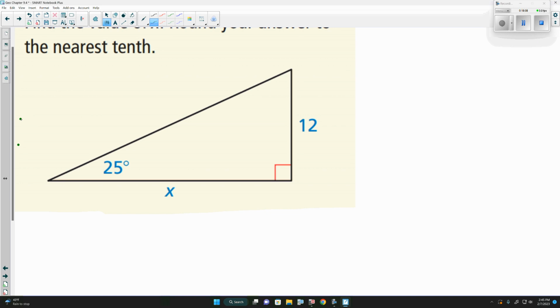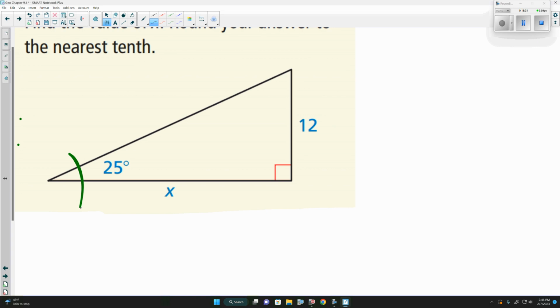So we want to find the value of x and round to the nearest tenth. So they gave us this angle of 25 degrees. Now, the three main sides of a triangle, especially with the right triangles that we have, are hypotenuse, opposite, and adjacent. Well, we're not given the hypotenuse.